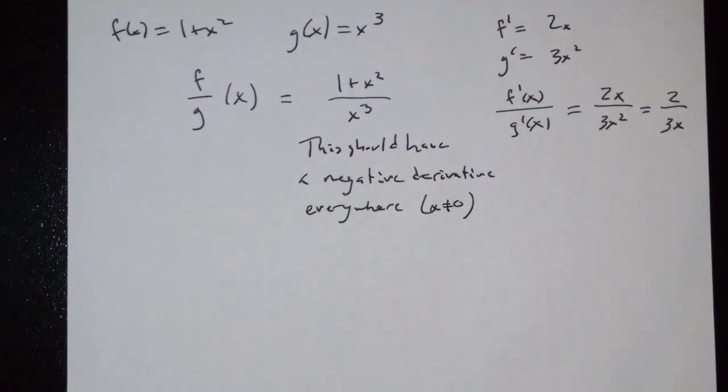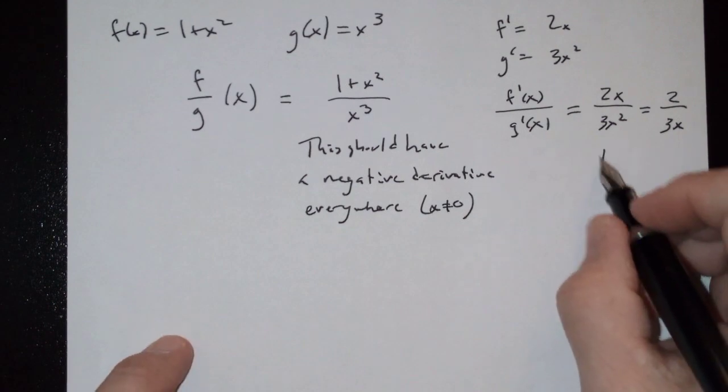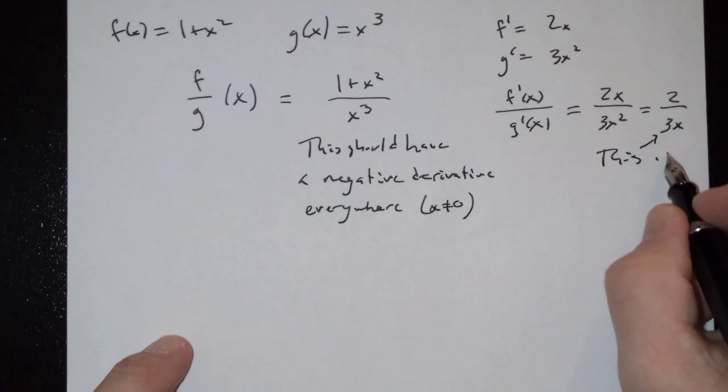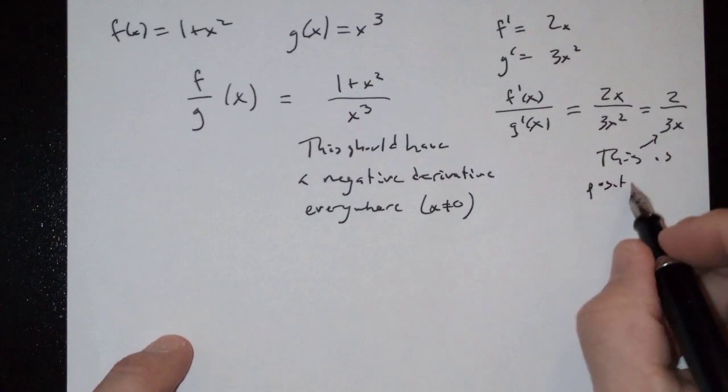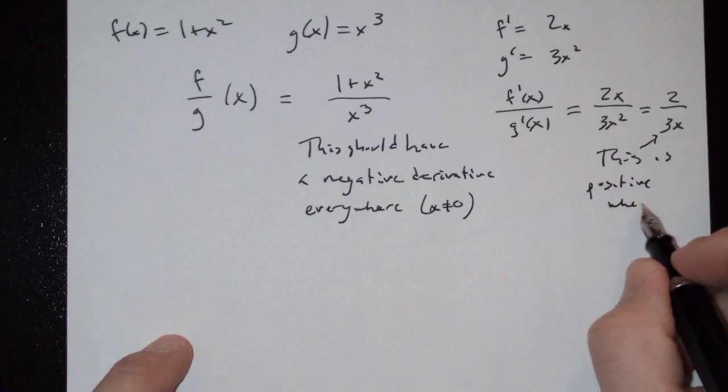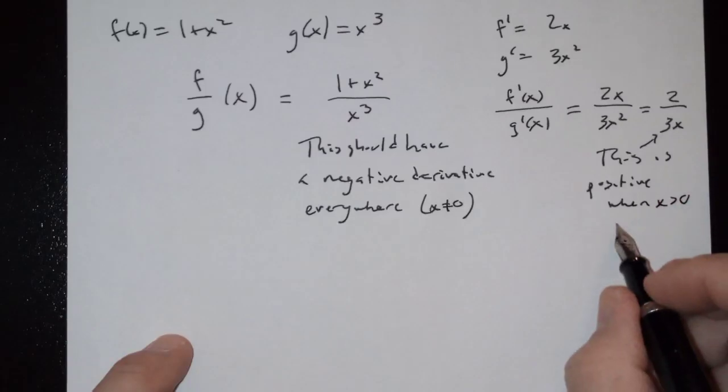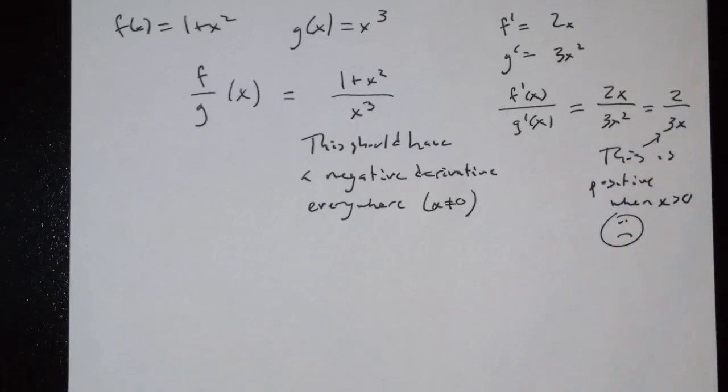That should have a negative derivative everywhere except 0, based on the picture. But this is positive when x is positive. That's the wrong derivative. All right. That's a problem I need to fix.